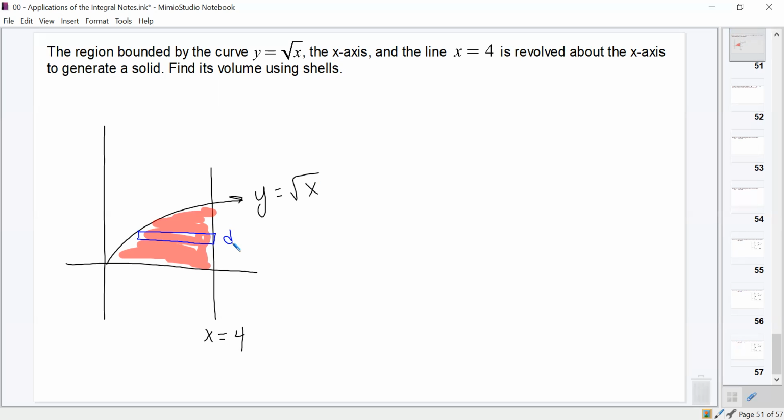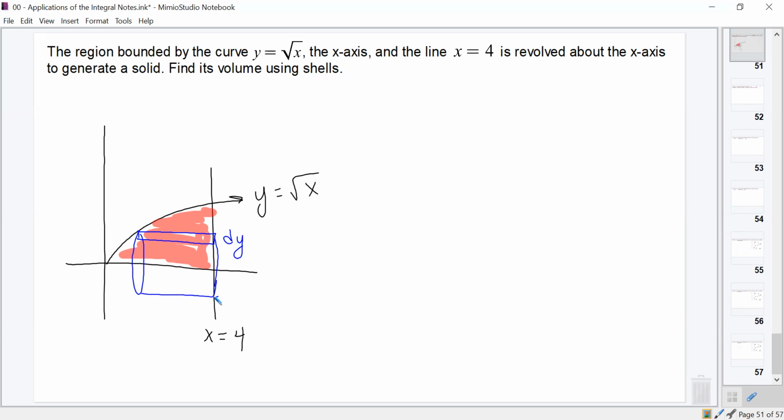And so this thing will be thin in the y direction, which means that we're going to do this problem all in terms of y, which is completely different than if we were trying to use the disk method. The disk method, we were slicing this direction, making it dx. But now this will allow us to do it in terms of y. So we'll sketch that shell going around here.